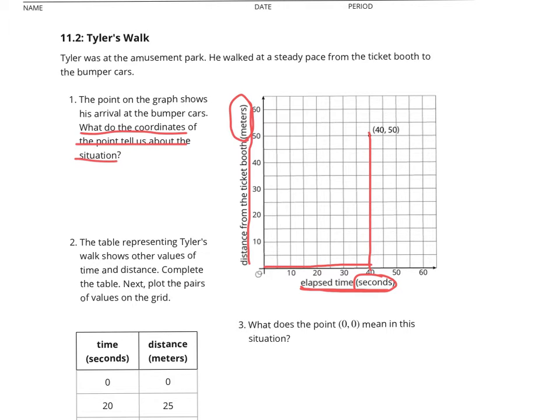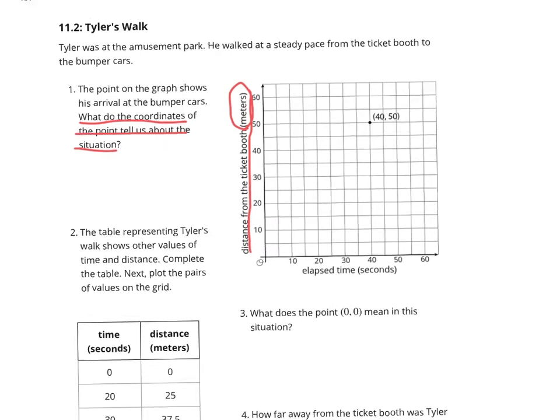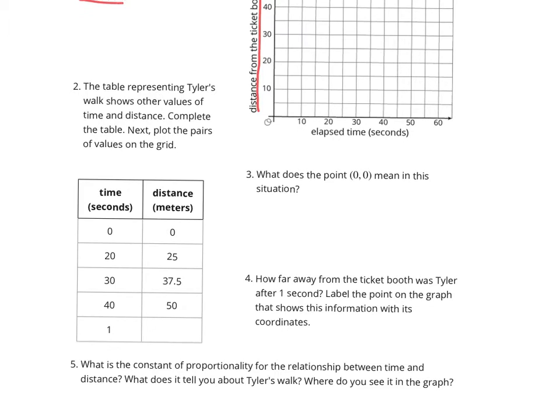It tells us something specific based on the axes, right? (40, 50) means that after 40 seconds, he was 50 meters away from the ticket booth. Question 2 asks us, the table representing Tyler's walk shows other values of time and distance. Continue the table and then plot the pairs of values on the grid. So here's our table. We know (40, 50).